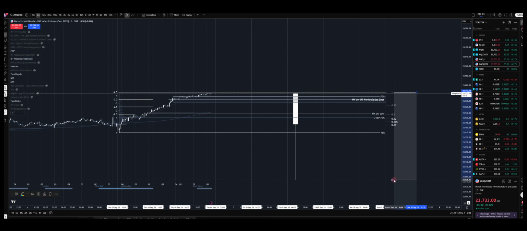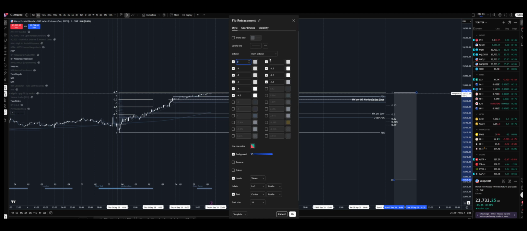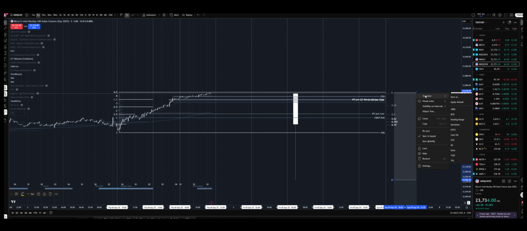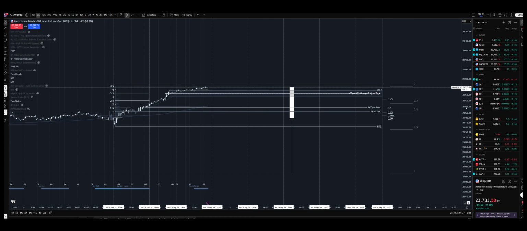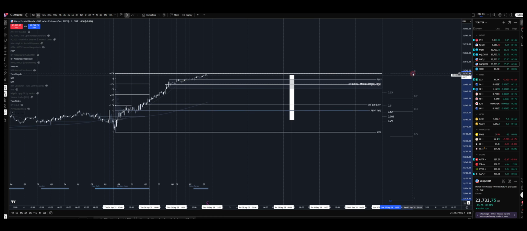We want to do our fib of the weekly candle. And then wherever the high comes in, we can do it from London's high once that comes in. And then again, if New York makes another high, our points of interest, if we do get a nice breakdown, are 0.2 and 0.3 here as well for a TGIF.